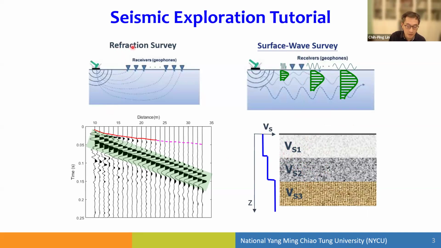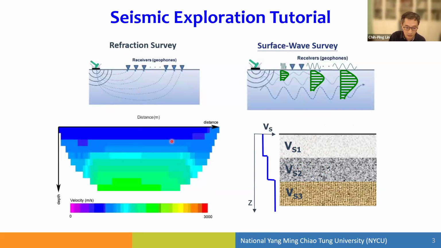And in terms of seismic refraction, we rely on this travel time curve. If we hit at different locations, we generate many different ray paths, so we can invert for a 2D VP profile. This is kind of like seismic refraction tomography, right?